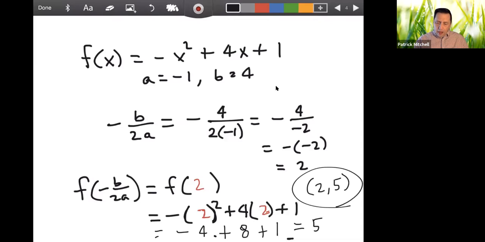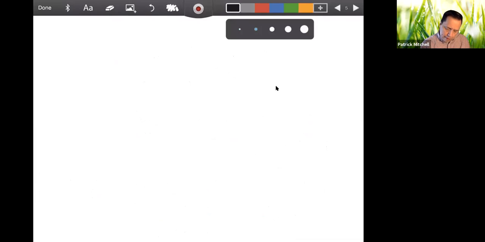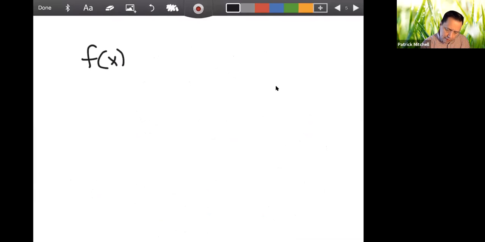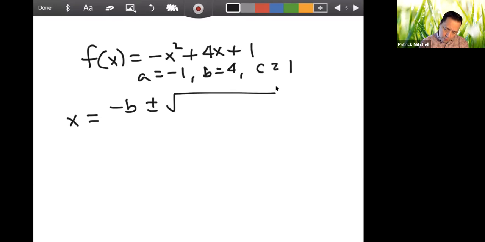Okay. And then in step 3, we found the x-intercepts. The function was f of x equals negative x squared plus 4x plus 1. So this time I will need the number c. A is negative 1, b is 4, c is 1. So using my quadratic formula, x equals negative b plus or minus the square root of b squared minus 4ac all over 2a.